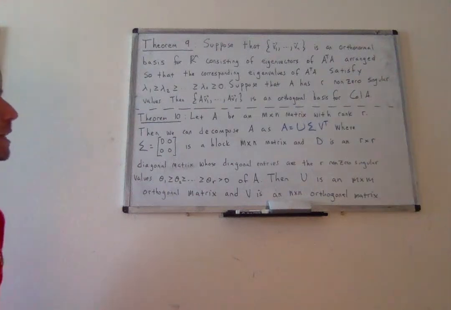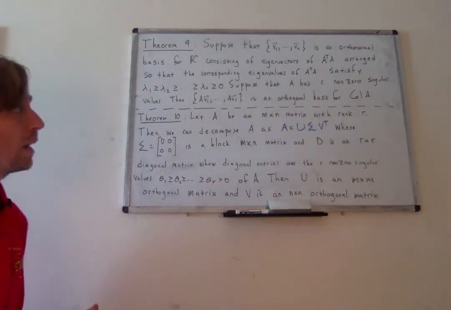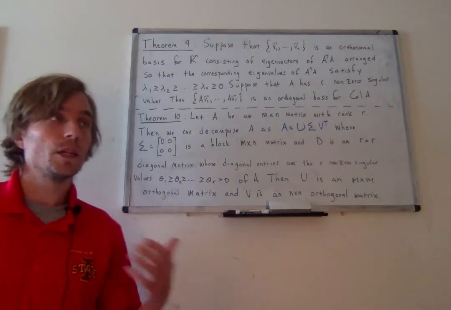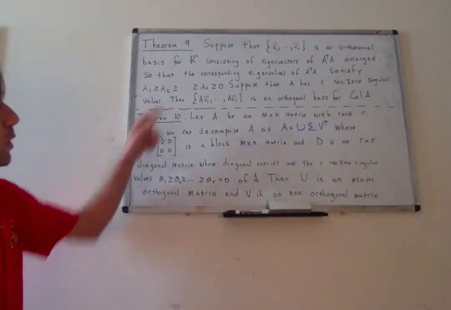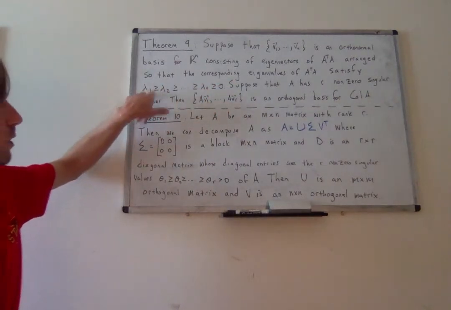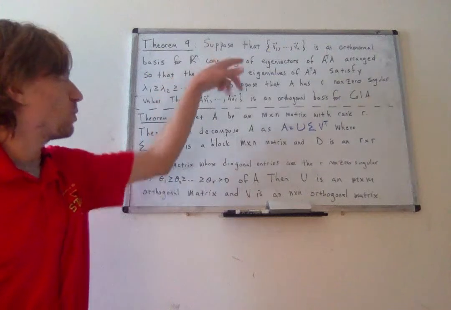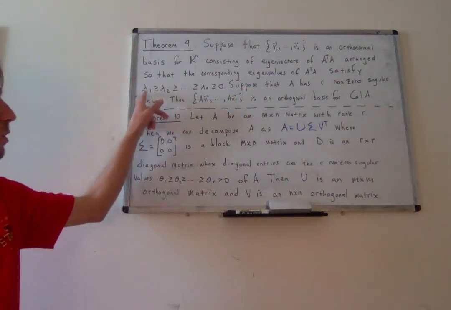So, theorem 9 says that if we have v1 through vn, which is an orthonormal basis for Rn consisting of eigenvectors of the symmetric matrix A transpose A. Remember we showed last video that for every matrix A, the matrix A transpose A is always symmetric. And we arrange these eigenvectors so that the corresponding eigenvalues, where again lambda 1 corresponds to v1, lambda 2 to v2, and so on, are listed in decreasing order.